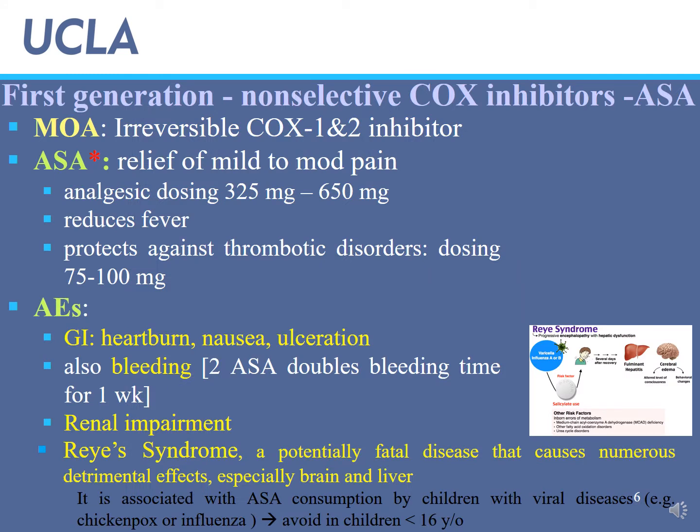So let's first talk about the first generation of NSAIDs. The first generation, the oldest generation, are the non-selective Cox inhibitors, and the most commonly known one is aspirin, acetylsalicylic acid.